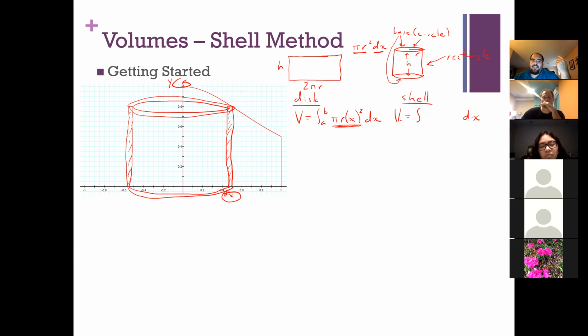I'm still going to be doing that here, except now I'm not adding these little thin layers to the base, I'm adding them to the outside. As X grows, I'm basically wrapping the toilet paper back around the roll. So I am adding these rectangles on, which means I am going to be integrating over that area, which we just found is 2 pi times the radius times the height, dx.